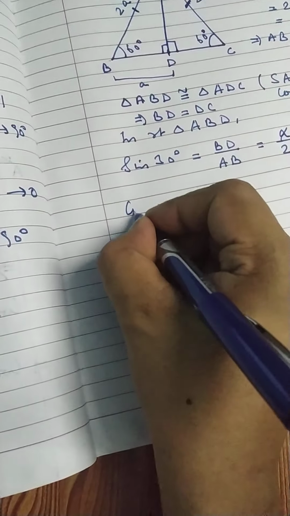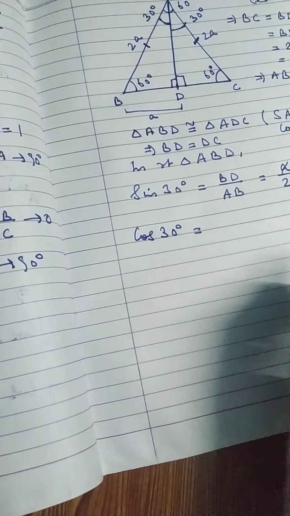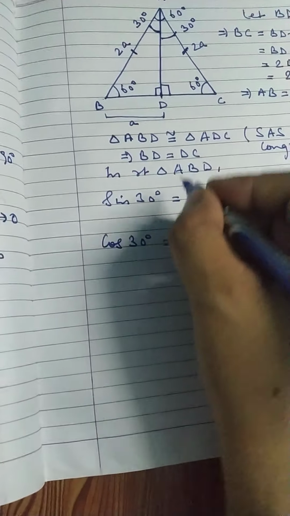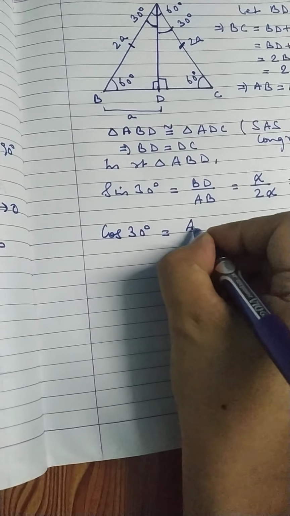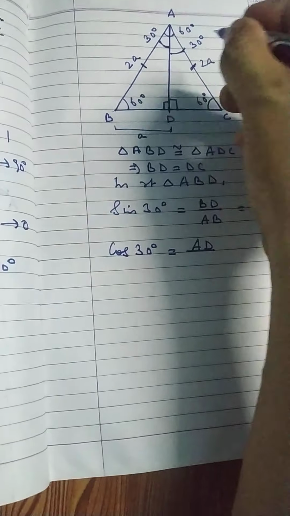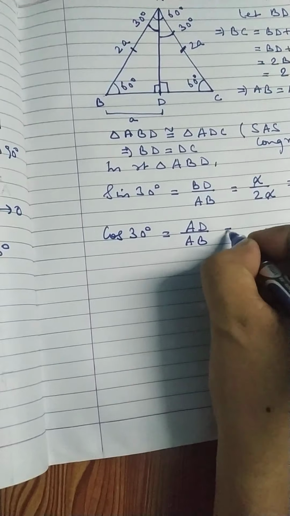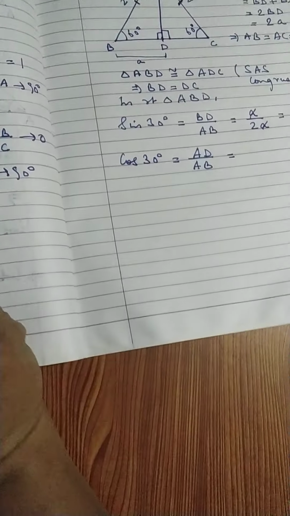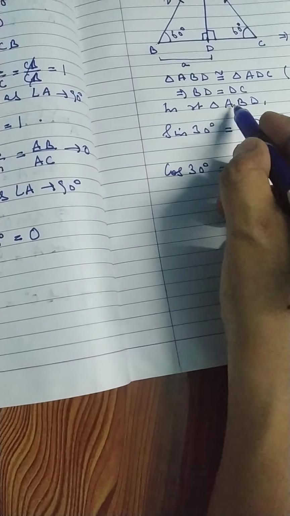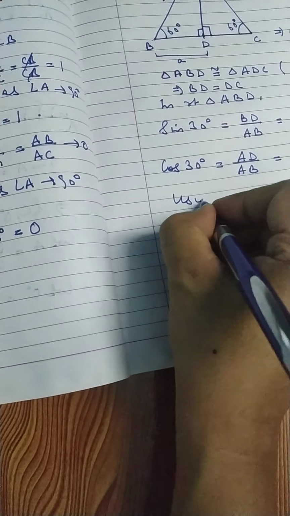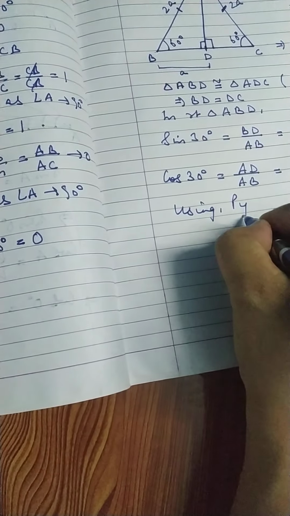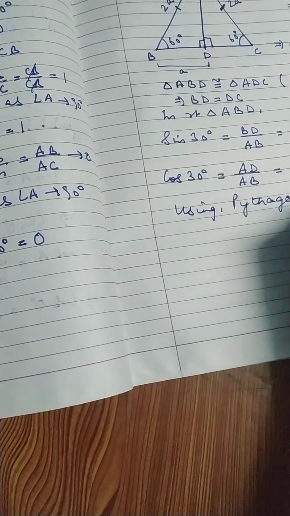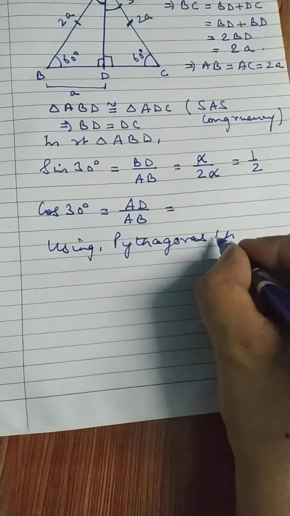Now cos 30. Cos 30 is base by hypotenuse. Base is AD and hypotenuse is AB. Now we have to find the length of AD. In the right triangle ABD, we can use the Pythagoras theorem.